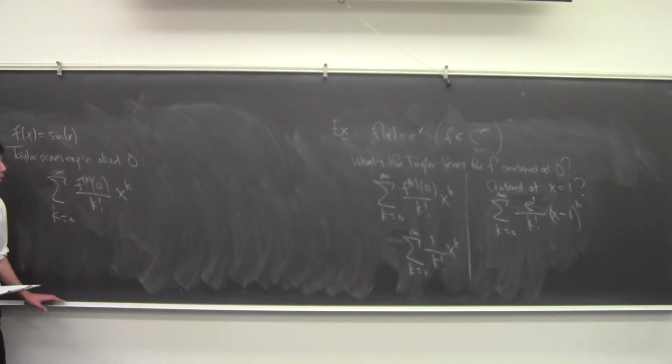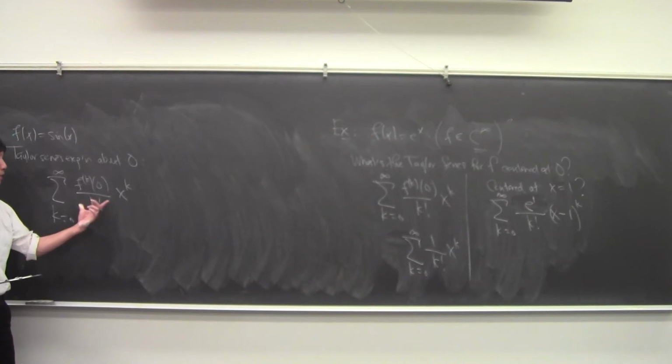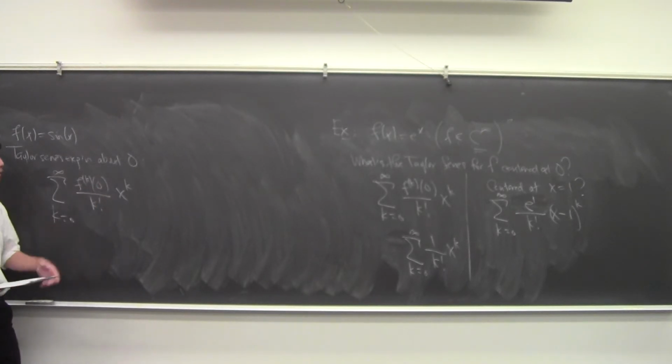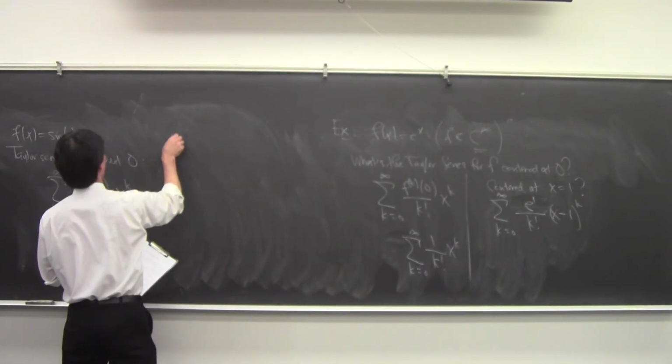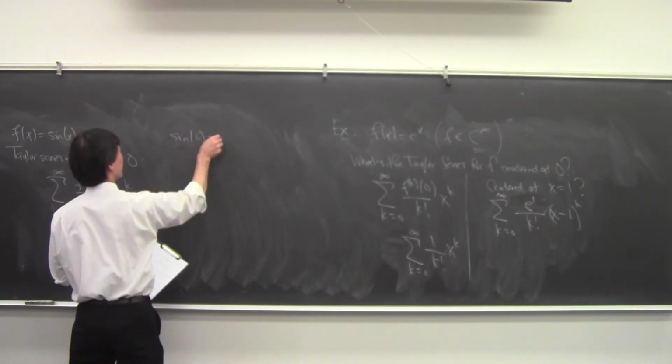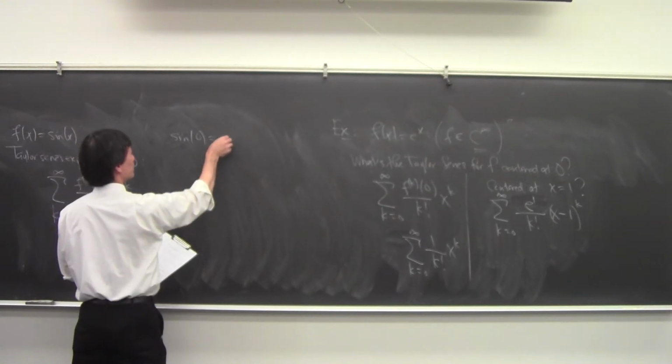Okay, let's do it. All you need to do is calculate the derivatives of the function. You've got the sine function, evaluated at 0. What's sine at 0? 0.